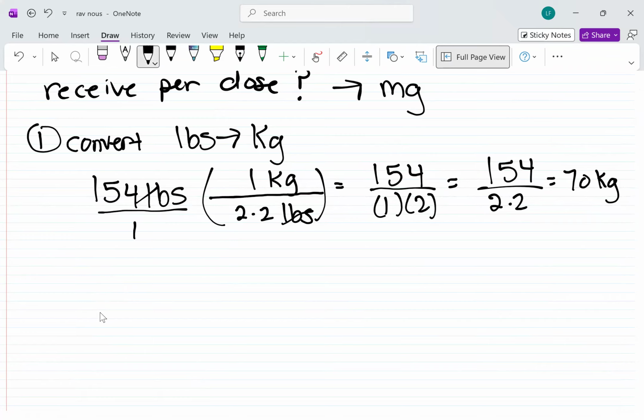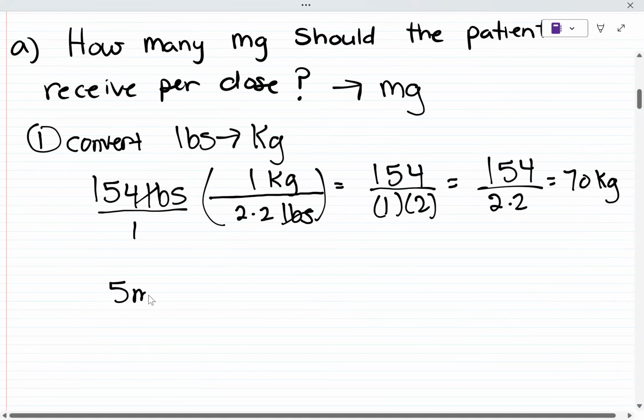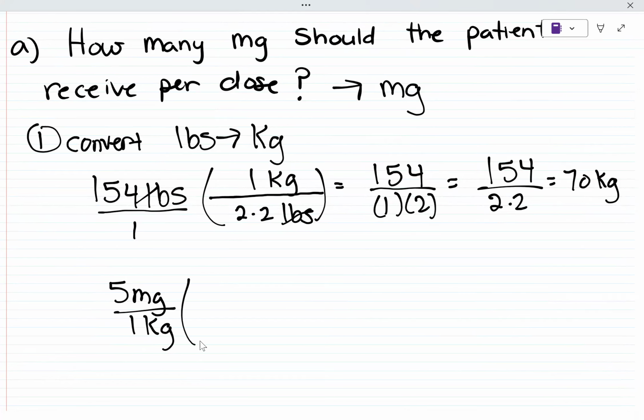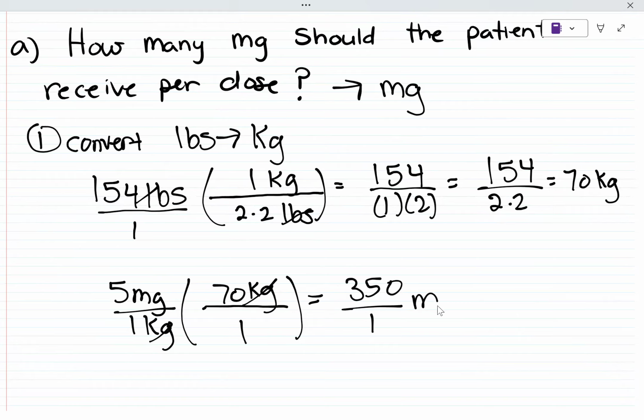Our order of ganciclovir was 5 mg per 1 kilogram. That was given, right? Then we multiply that by our new weight, 70 kilograms, and you get 5 times 70 is 350 over 1, and the kilograms disappear and you're left with mg. That's perfectly fine because we round to the nearest whole number. So our final answer is 350 milligrams.